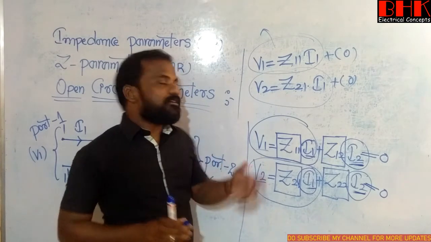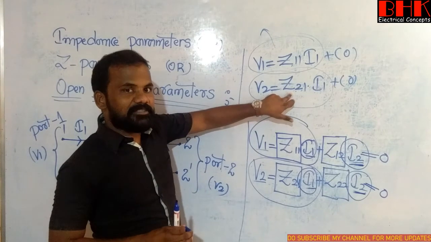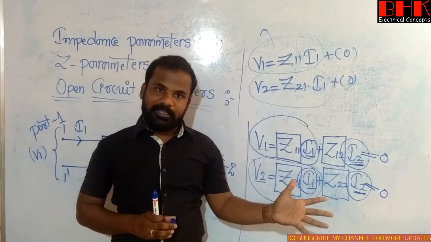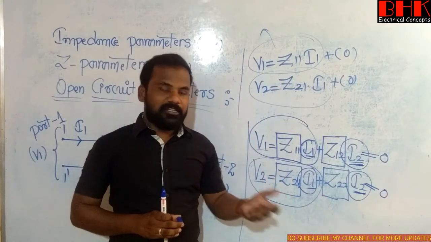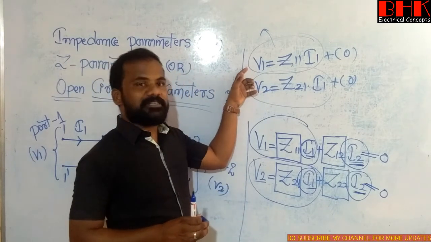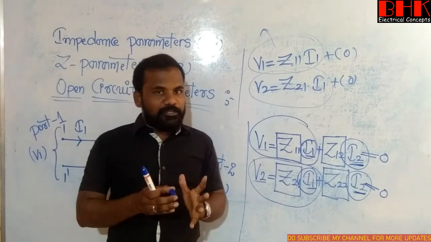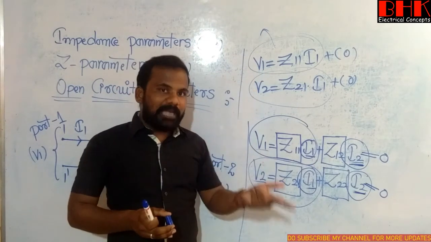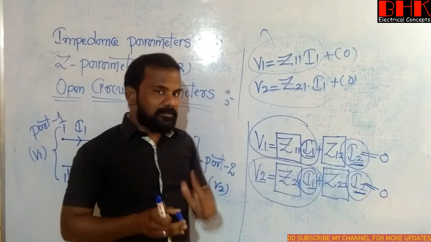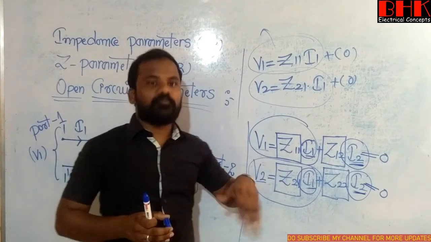In order to get first Z11 and Z21 parameters, just open circuit port 2, then I2 is equal to 0. Substitute the value of I2 equal to 0, then you will get two parameters in case number 1. And in case number 2, if you need to get the remaining two parameters also, then simple, just open circuit port 1.